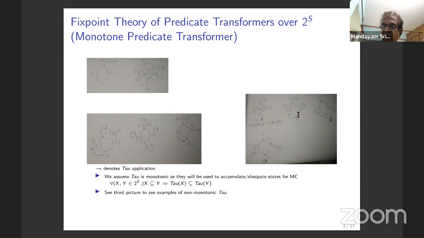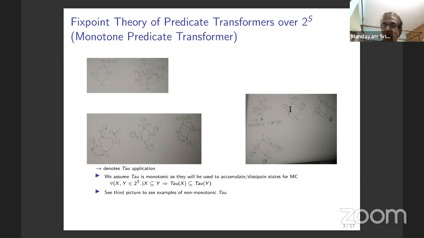Why is the second example not monotonic? What violates the monotonicity property there, Tom? The empty set is a subset of 2, but tau of 1 is incomparable to tau of 2. Yeah, the same thing here.